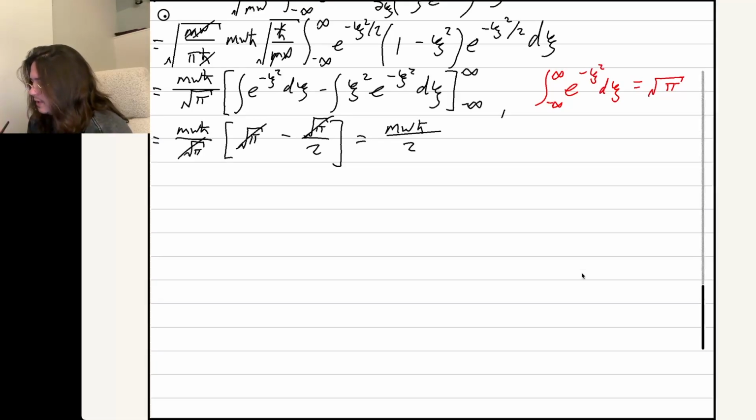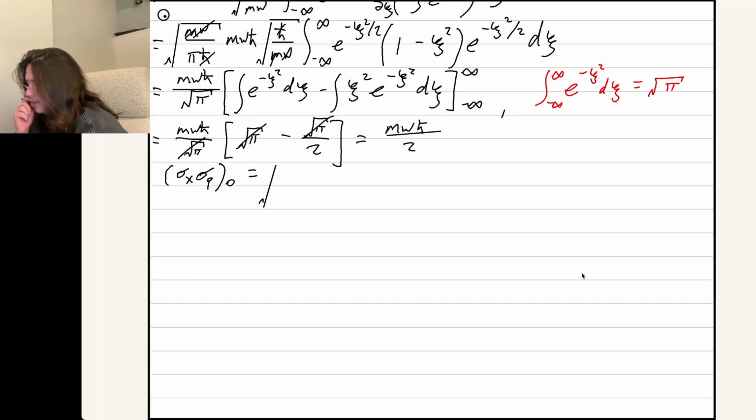And we can go ahead and check that the uncertainty principle for the ground state is satisfied. So we'll just multiply sigma x, which is going to be the expectation value of x squared, which we found was h bar over 2m omega, minus the squared expectation value of x, but that was 0, so that's done.